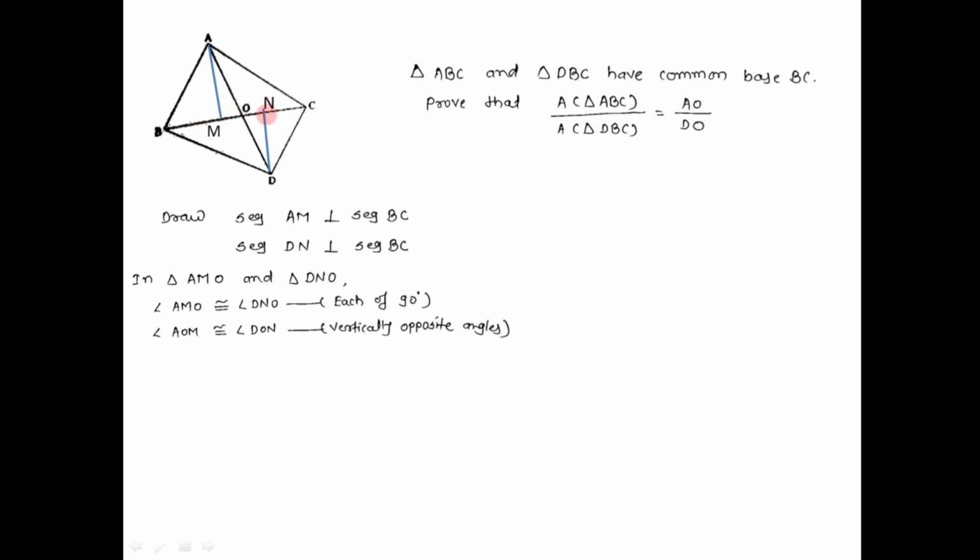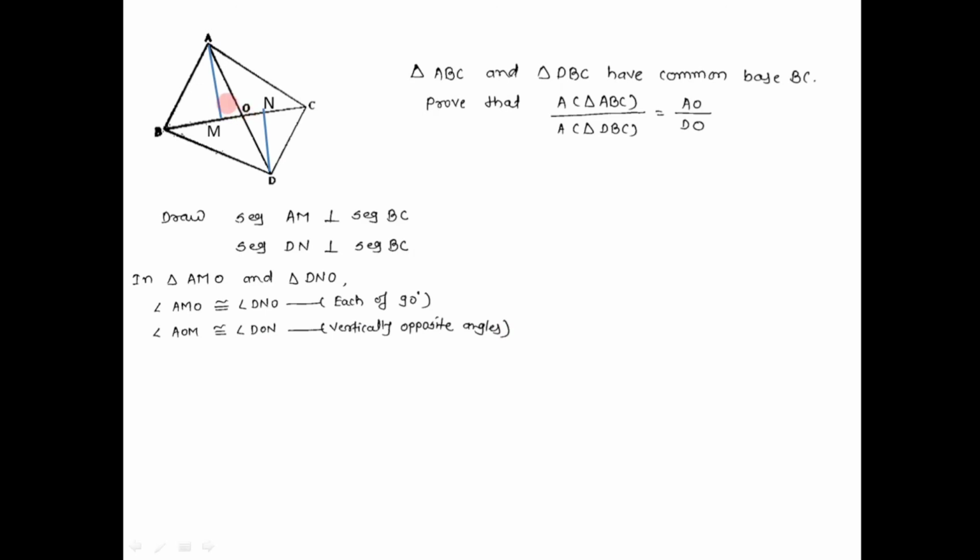Now there is another pair, angle AOM and angle DON. These two angles are vertically opposite angles and vertically opposite angles are congruent. That's why angle AOM is congruent to angle DON.